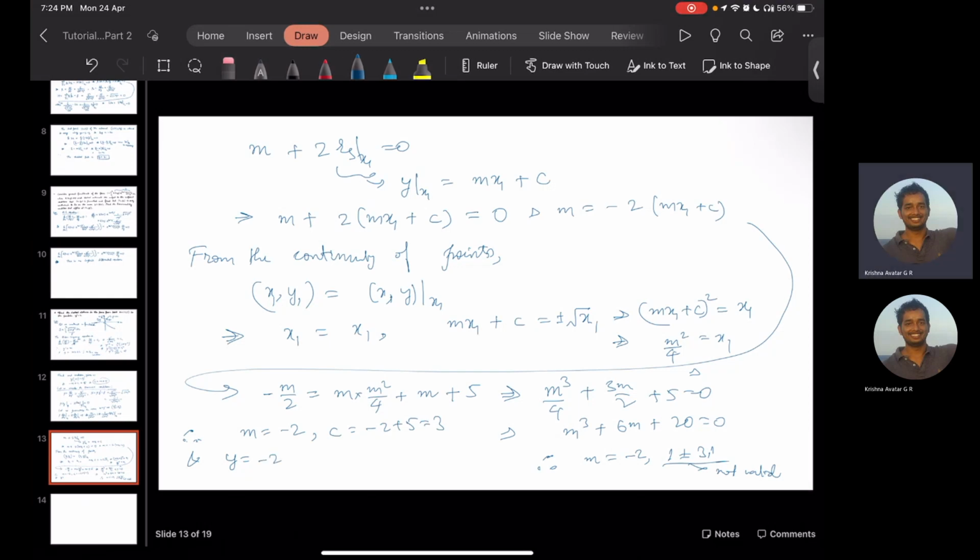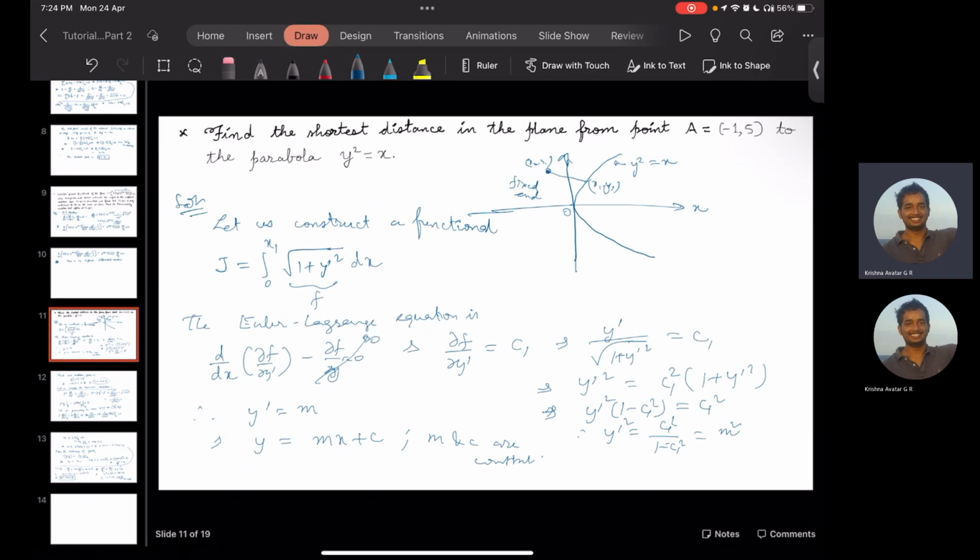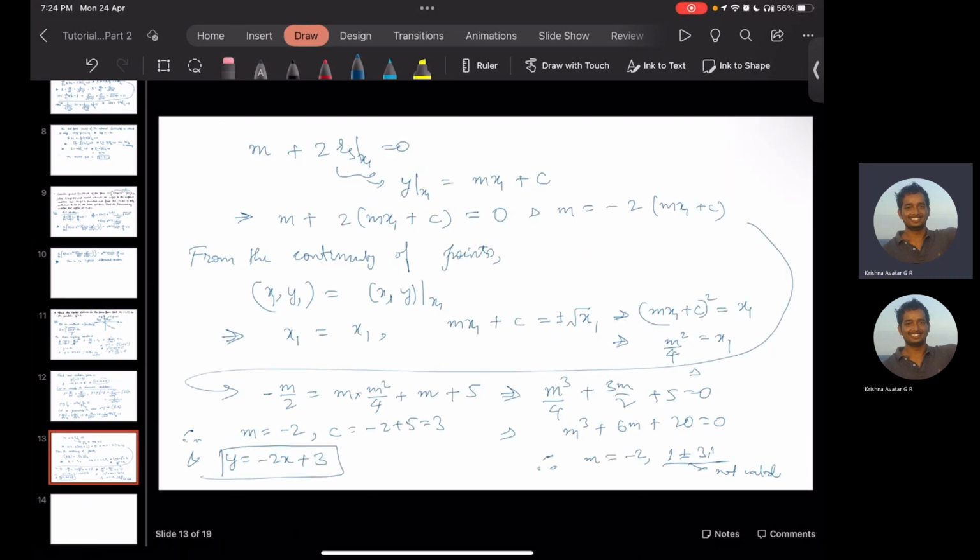So y is equal to minus 2x plus 3. So let's just check whether it passes through the first point, which is minus 1, 5. When we put minus 1, we get y is equal to 5. So it satisfies that condition. So these are extreme measures.